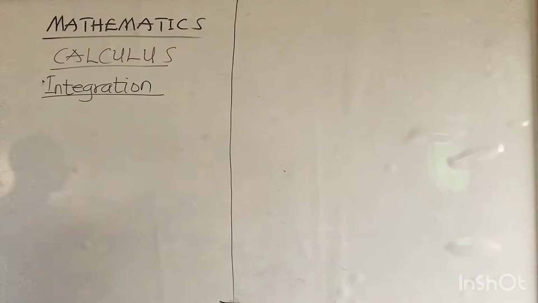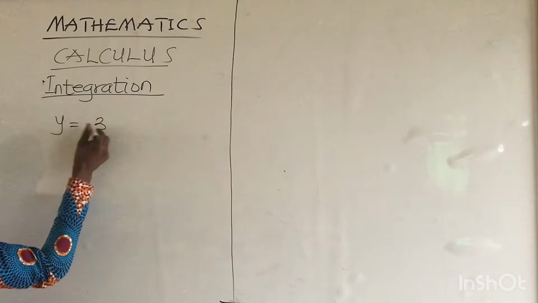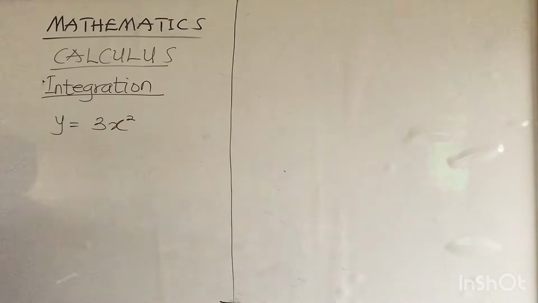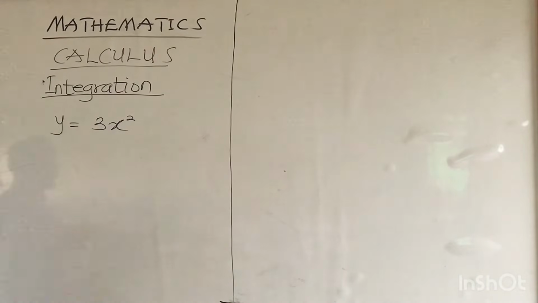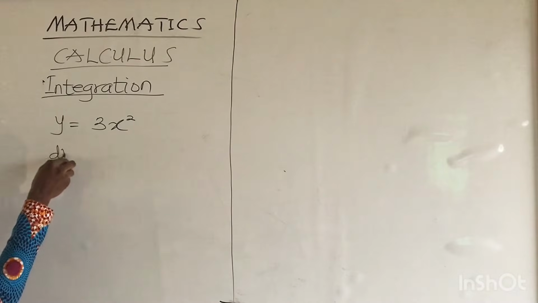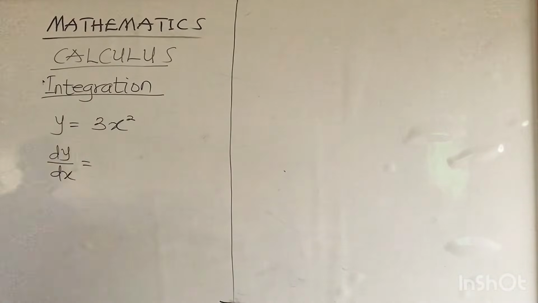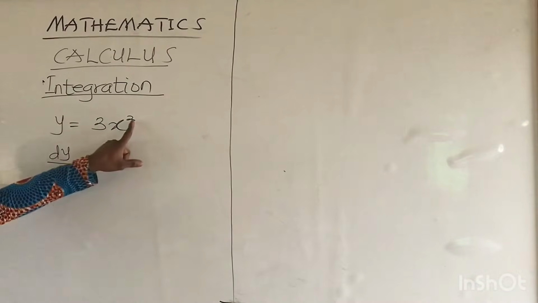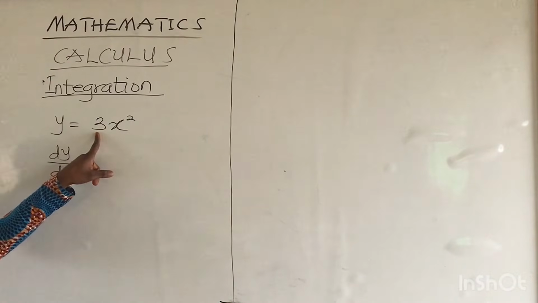In my previous videos, we looked at y equal to, let's say, 3x squared. So when you're asked to differentiate, then dy over dx is equal to, and we learned that the exponent here will multiply the coefficient of x squared.